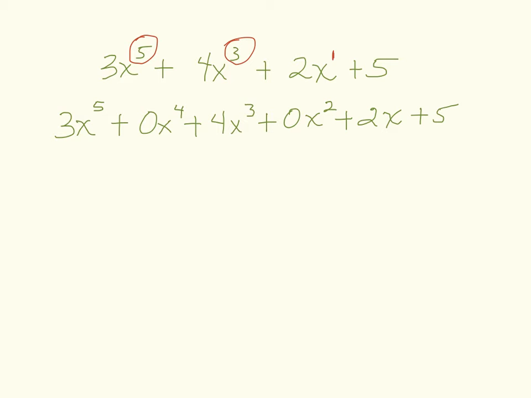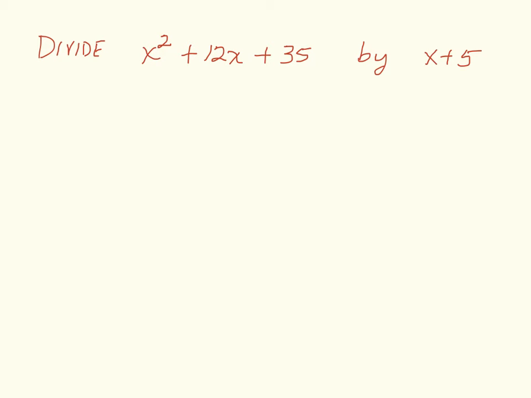Okay? So let's move on to the next slide, and let's look at what's being asked of us. It says divide x squared plus 12x plus 35 by x plus 5. Well, this means x plus 5 is going outside of the division bar. Let's look at our expression.